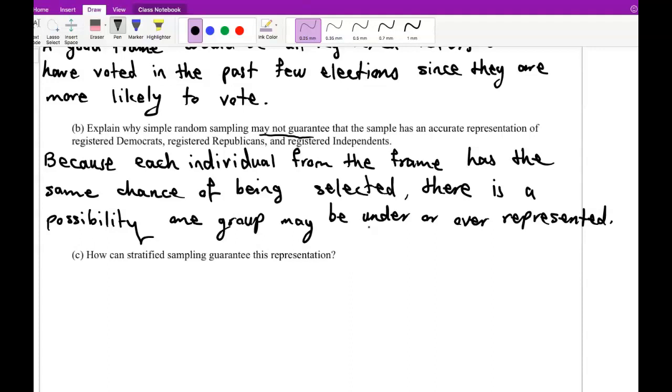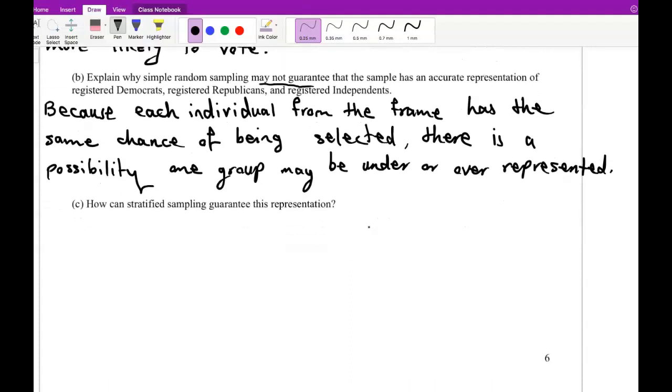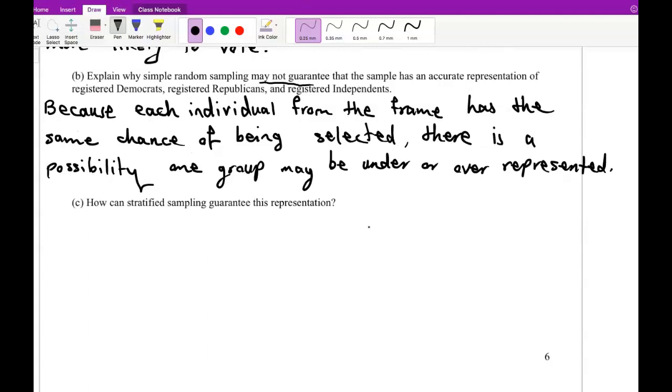We should have same chance of being selected. So we're not going to have that one on this board. That's why there's no guarantee.